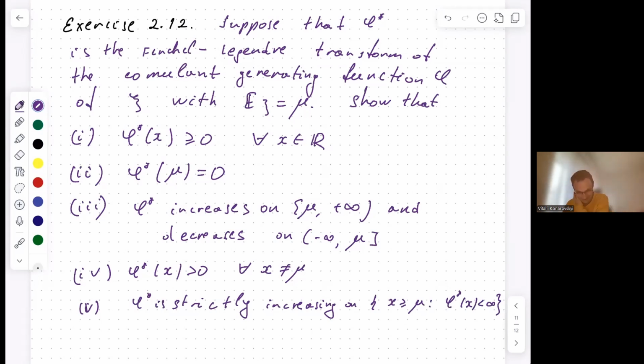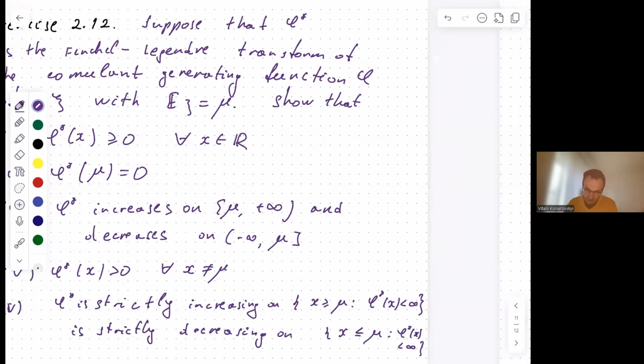Therefore, we must put this additional assumption that it is increasing on the set where phi star is finite, and strictly decreasing on the set x less or equal than mu such that phi star of x is less than infinity.